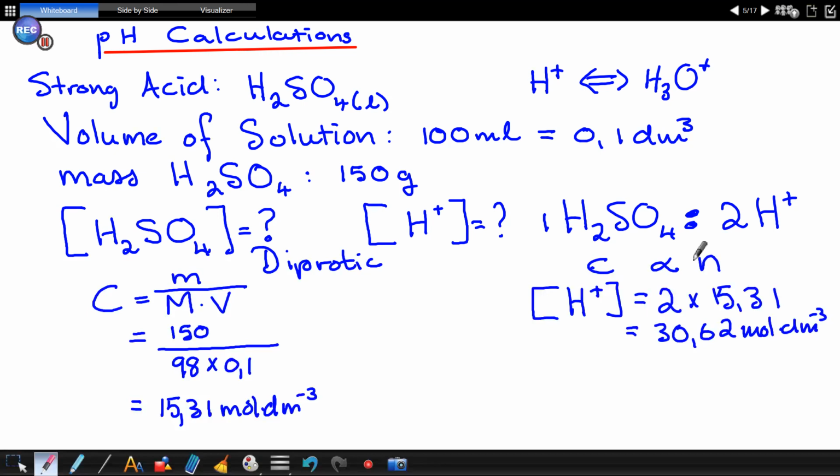So the ratio is 1 to 2. How did you know it was 2H plus? Because when H2SO4 ionizes, it forms 2 hydrogen ions and the sulfate ion. It is diprotic. It can give up 2. Oh, the 2. Okay.